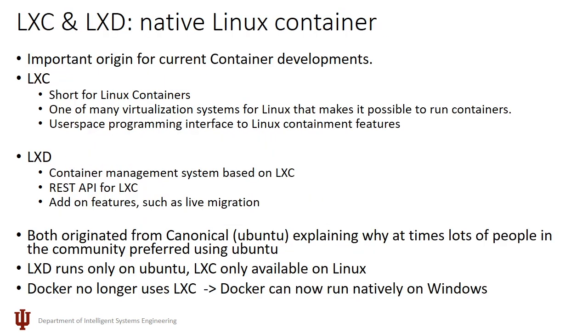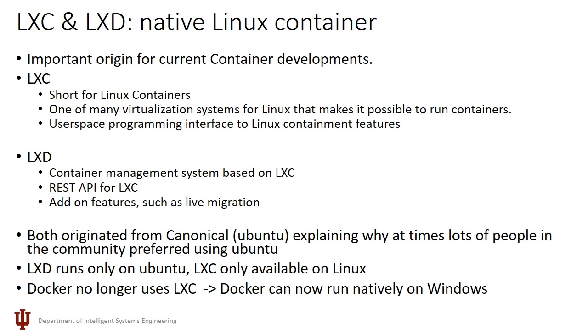The first system developed was actually by Canonical through its LXC implementation, which is really the important origination for the current container developments in general, in all current efforts. LXC is short for Linux Containers.